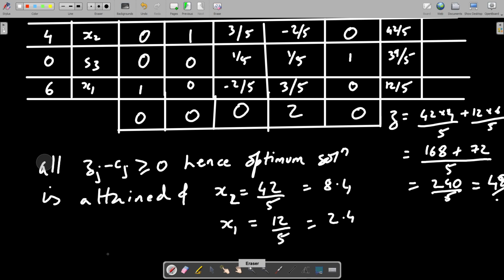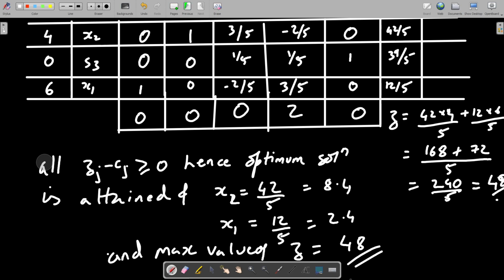Okay, and max value of Z is 48. Okay, so with this we are done with the problem.